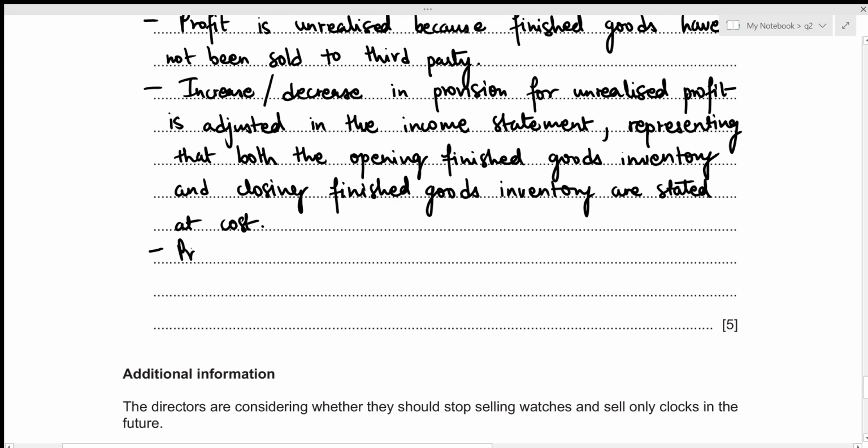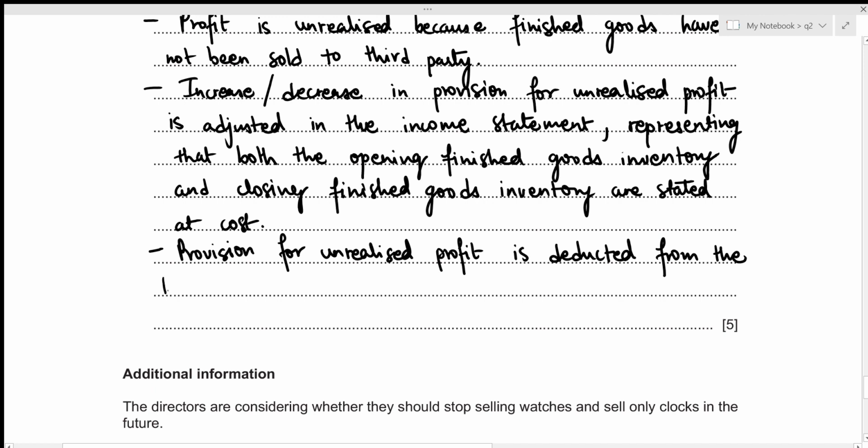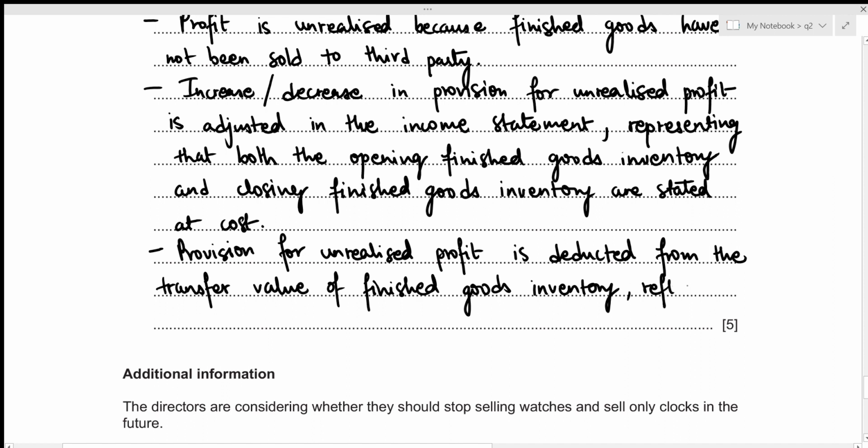Provision for unrealized profit is deducted from the transfer value of finished goods inventory in order to reflect the cost of the finished goods inventory.